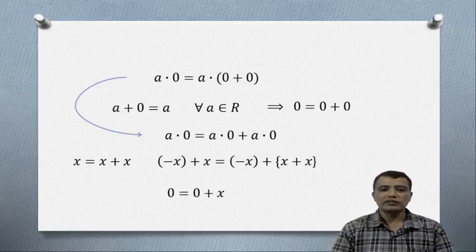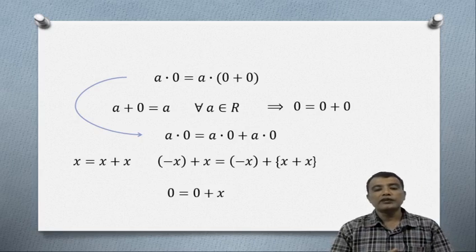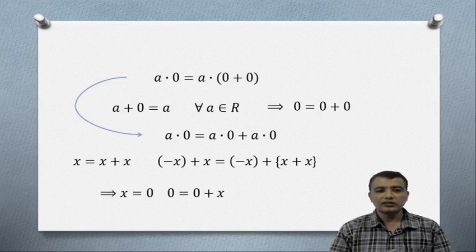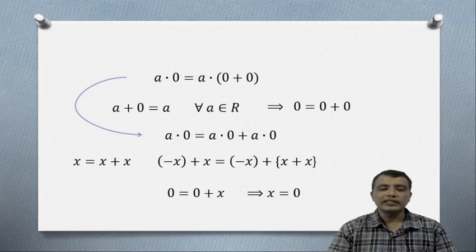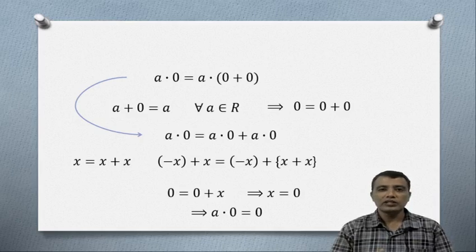So therefore we have 0 is equal to 0 plus X. Now using the property of identity element, 0 plus X can be written as X. So therefore X is equal to 0. But what is X? X is nothing but A into 0, which is equal to 0. Wow, we proved. Before proving, it was looking so obvious. Now it needs a proof. So we proved it.